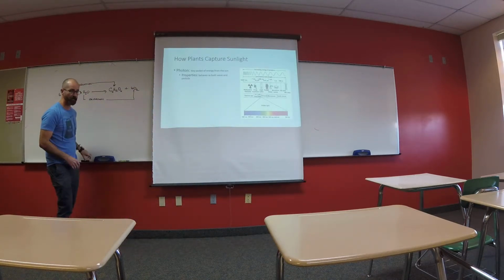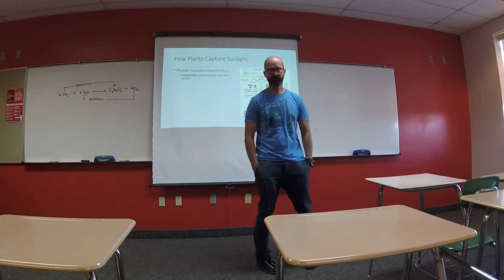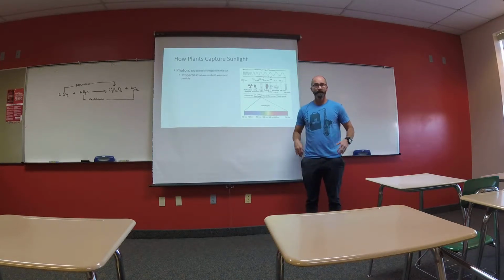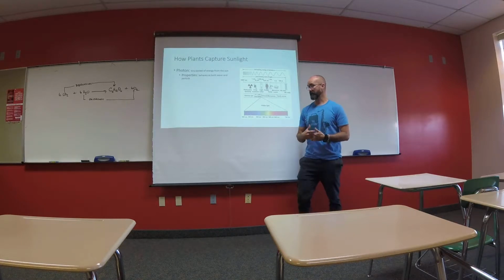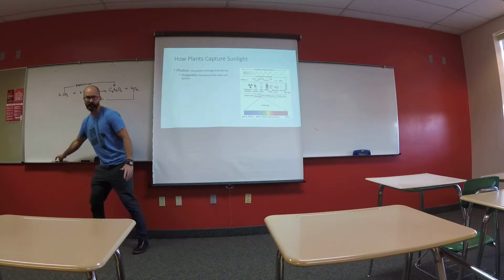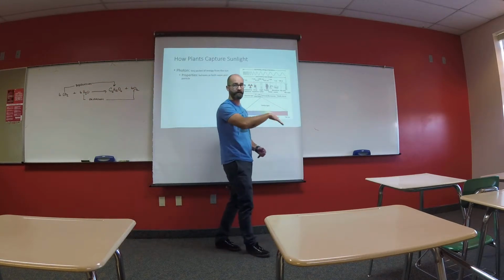So let's talk a little bit about light. Light's an interesting phenomenon. It occurs as both a particle and a wave. And the way that we measure the strength of light, or a photon, is by its wavelength. Photons, when they leave the sun, move in a wave pattern, like so.